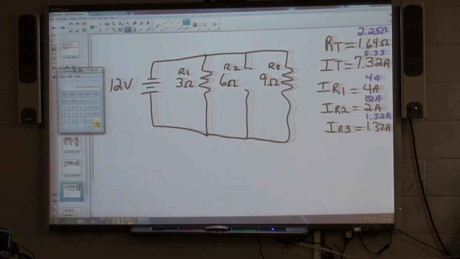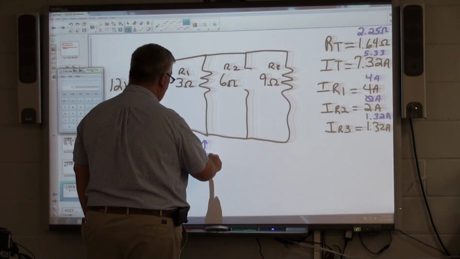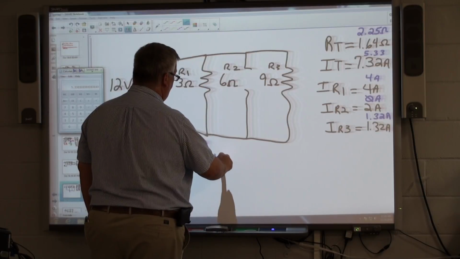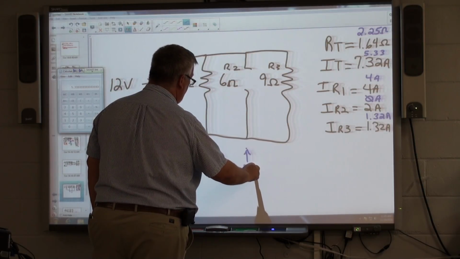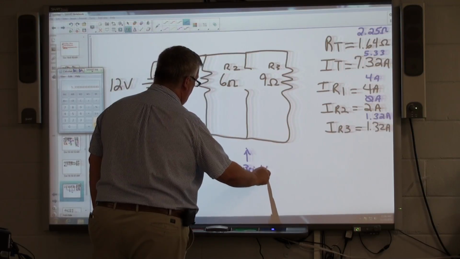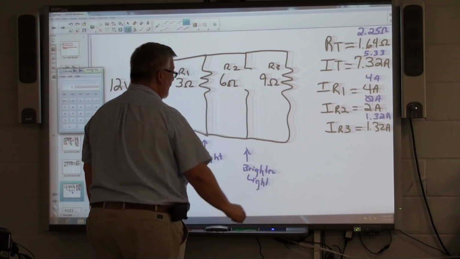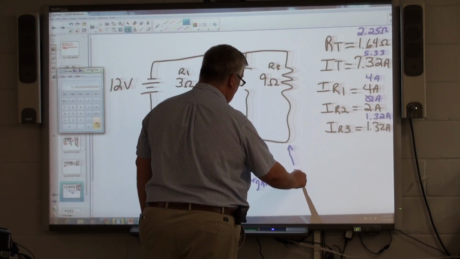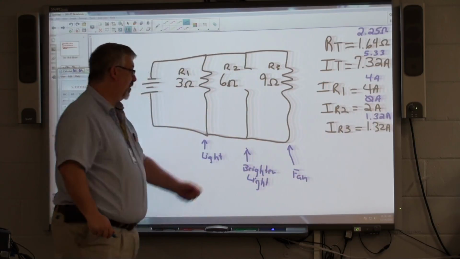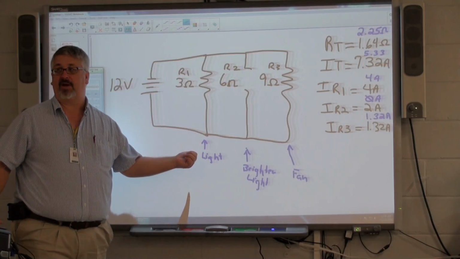Now, does that logically make sense? If we have a light, a little bit brighter light, and we got something else that wouldn't pull a light, a fan, and all of a sudden we unplug that brighter light, this light's still going to draw the same amount of current.